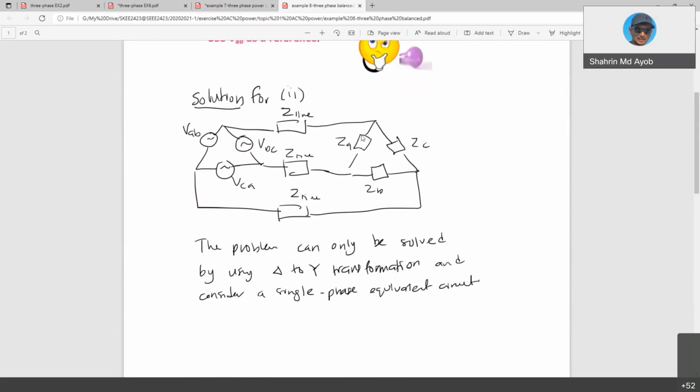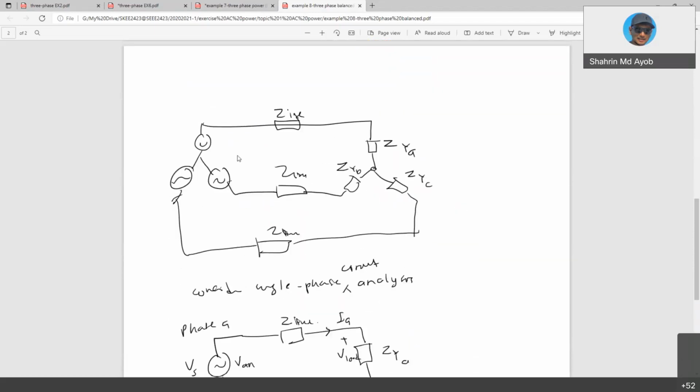This circuit shows that both the generator and the load are in delta, so we need to convert both into Y connection. When you have converted into Y connection, it will become like this.